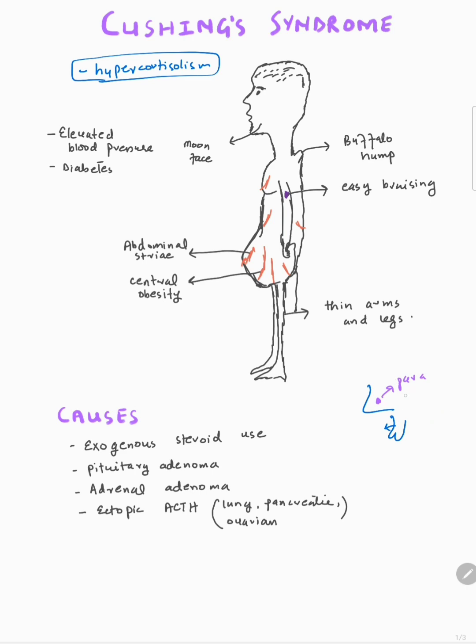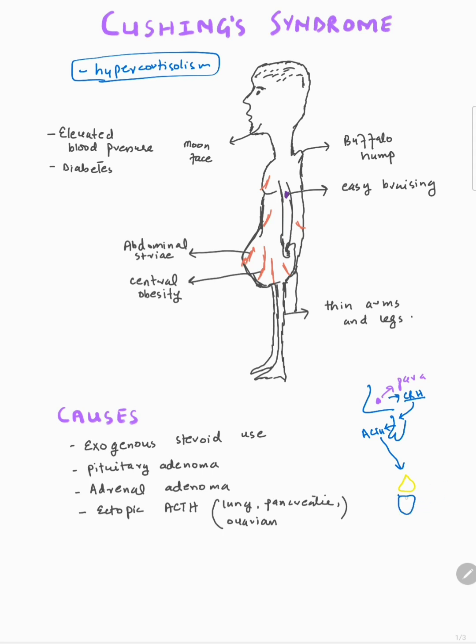From the paraventricular nucleus, CRH is released, corticotrophin releasing hormone, and it acts on the anterior pituitary, and then the anterior pituitary produces ACTH. This ACTH will then come here and act on the adrenals. These are the adrenals, on top of each kidney.